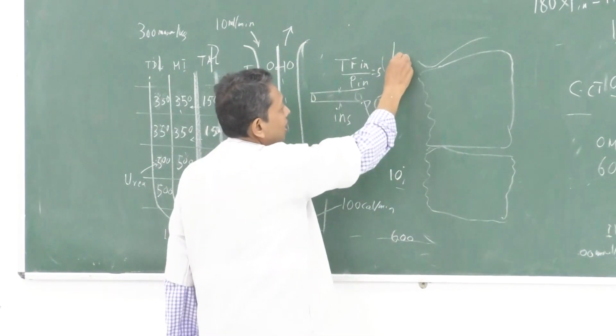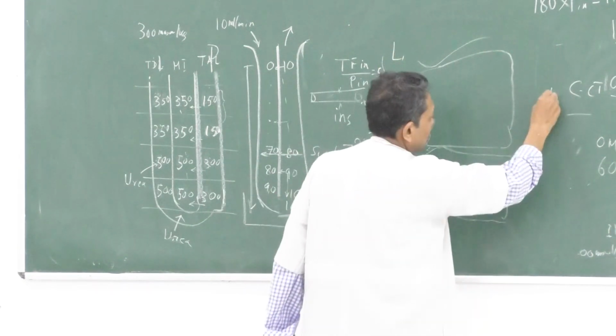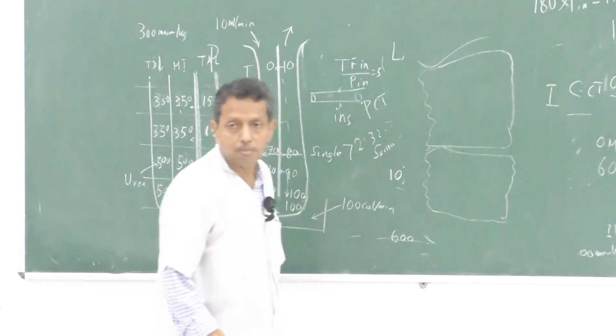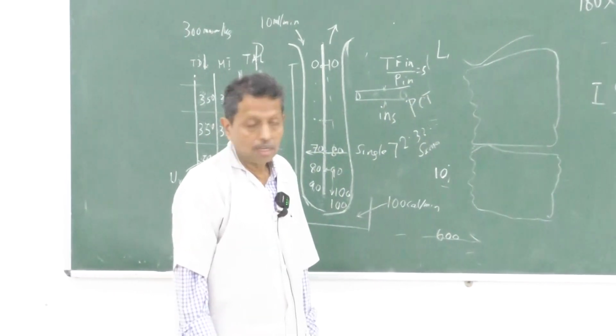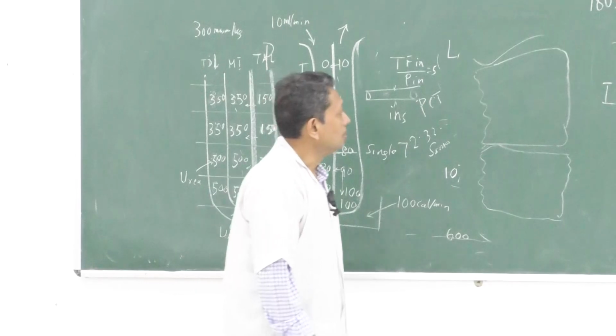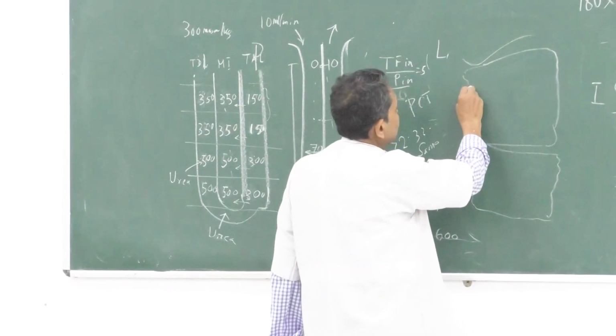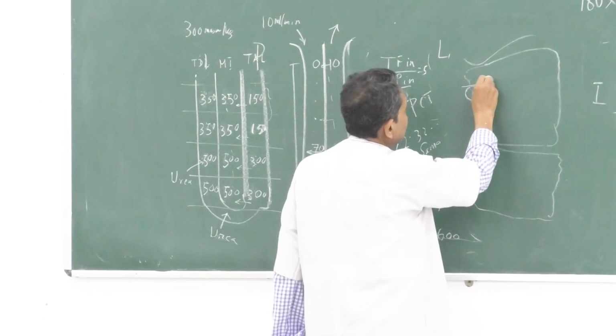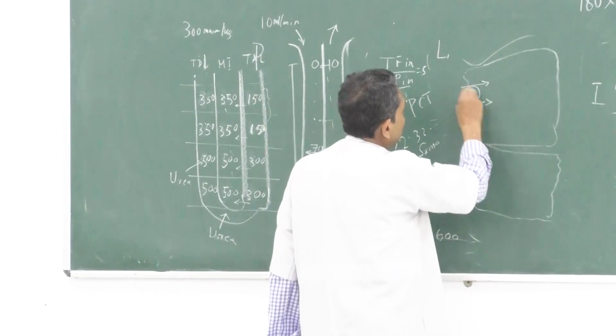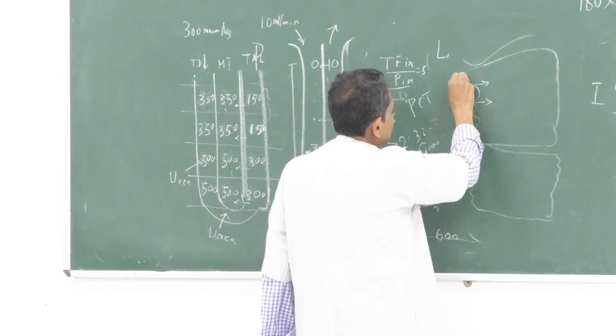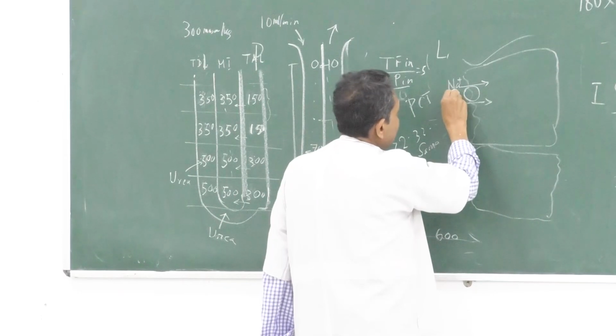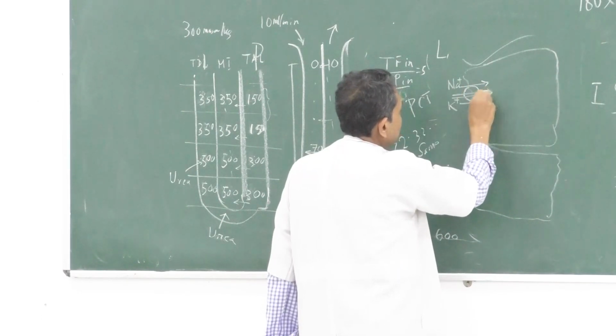If you consider this loop, what occurs? One sodium ion is moving.